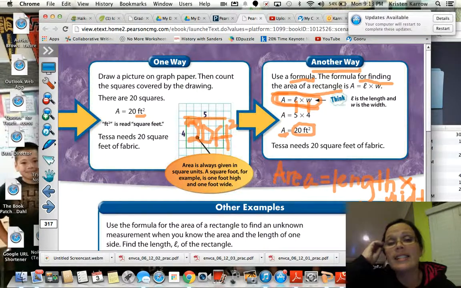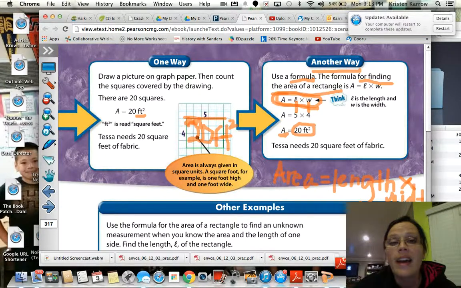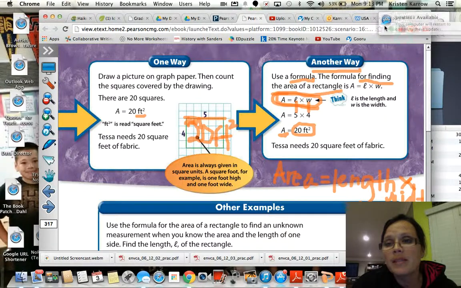You can even write that sentence frame in your notes. The formula for area is A equals L times W. You're going to use that formula for this entire lesson to work on problems that come next.